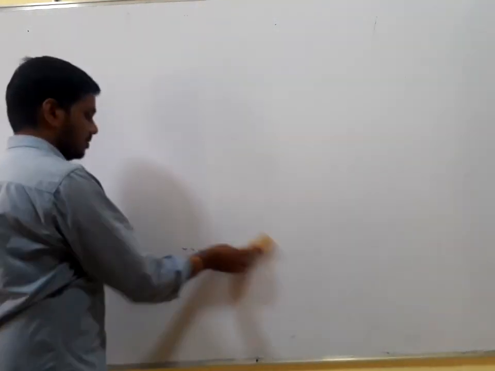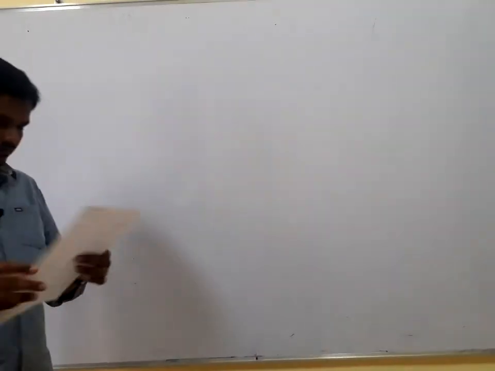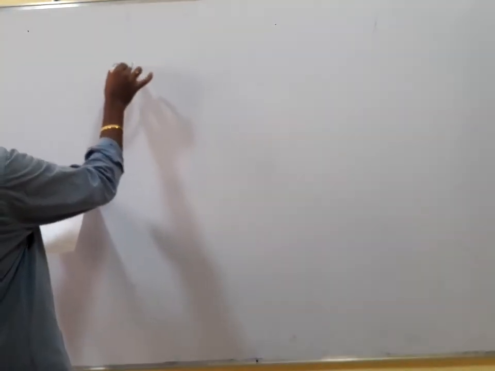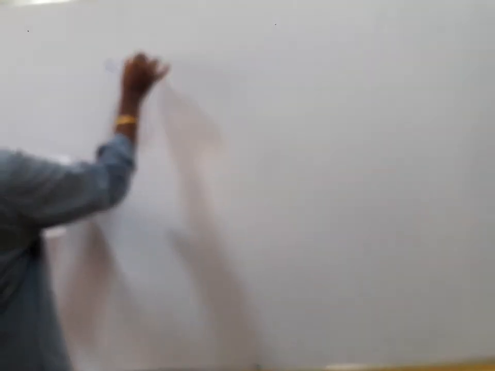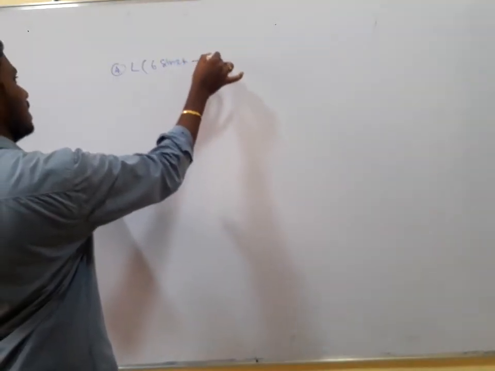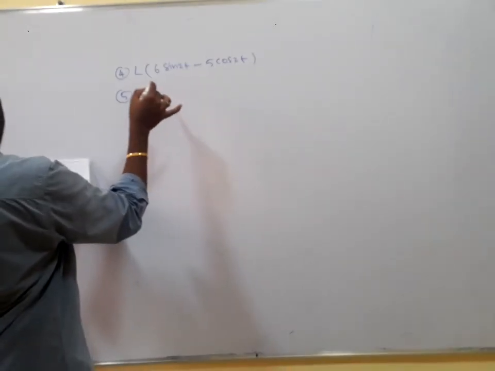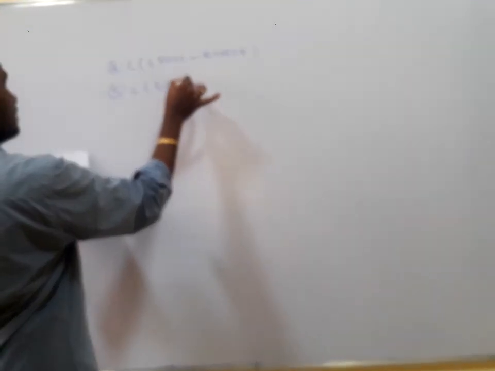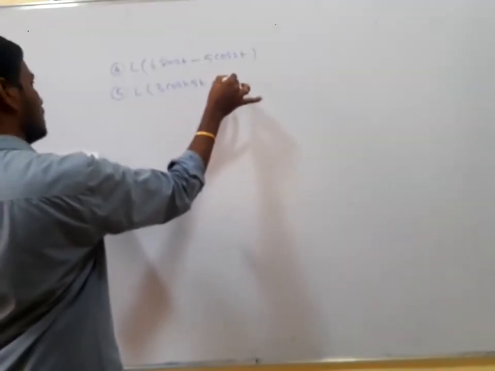I will give some problems so you can solve them easily. Fourth one: Laplace transform of 6 sin 2t minus 5 cos 2t. 3 cosh 5t minus 4 sinh 5t.